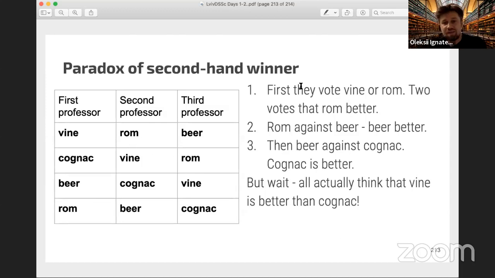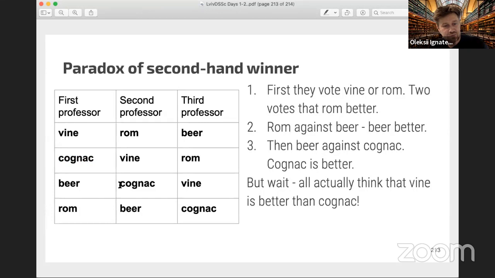So, for example, first they vote what is better, wine or rum, and you see that it's rum. The second professor thinks that rum is better, and the third professor thinks that rum is better than wine, so they remove wine. Then they vote rum against beer, and the third professor thinks that beer is better, and the first also thinks that beer is better. Then they vote beer against cognac, and the second and third think that cognac is better than beer.